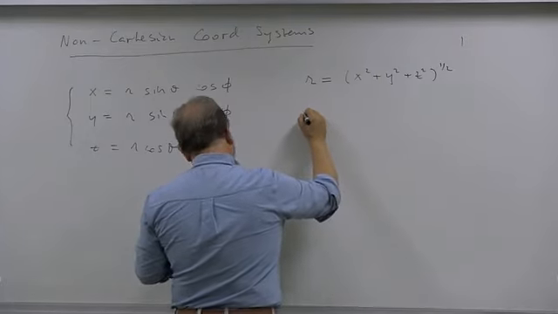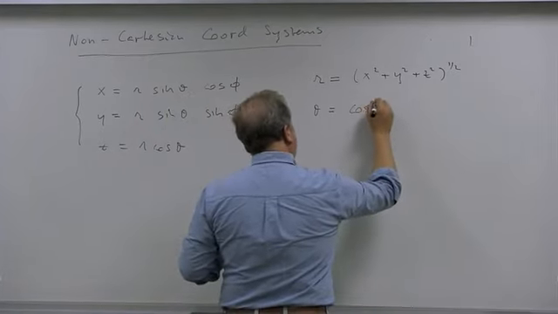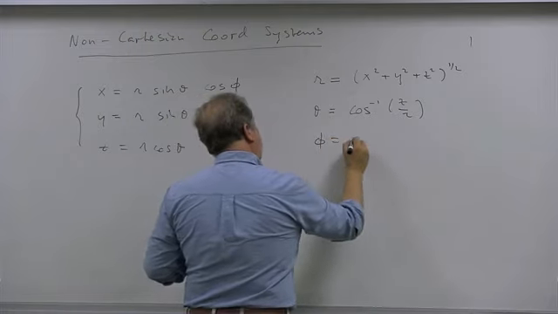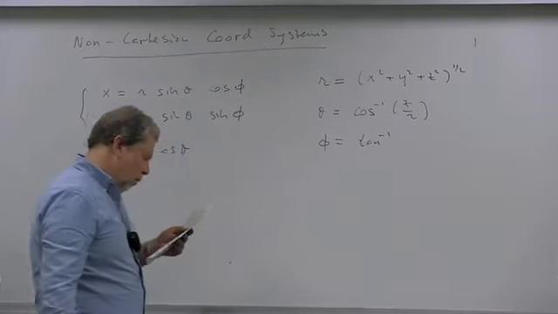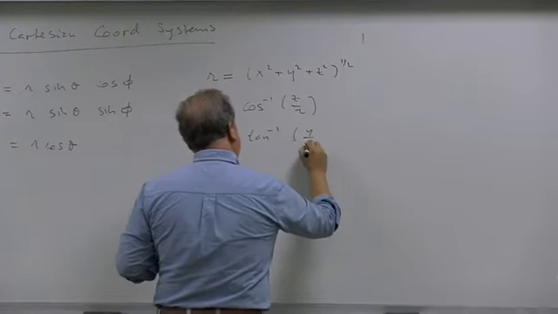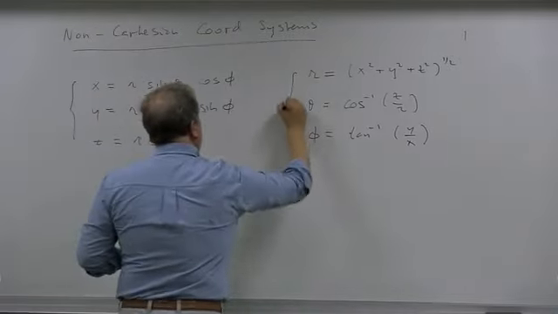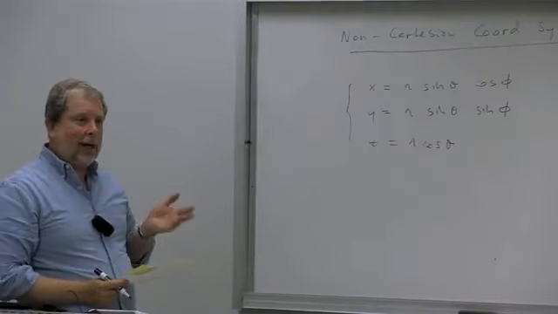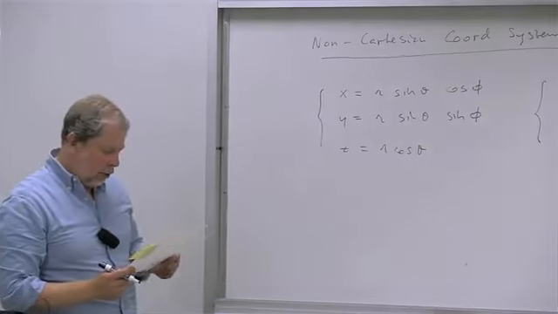And we can write theta as the arccosine of z over r, and phi as the arctangent of y over x, which can be useful when we want to calculate derivatives. Now, the exercise we're going to do here is to calculate the metric, calculate the volume element, and calculate the affine connection, right?